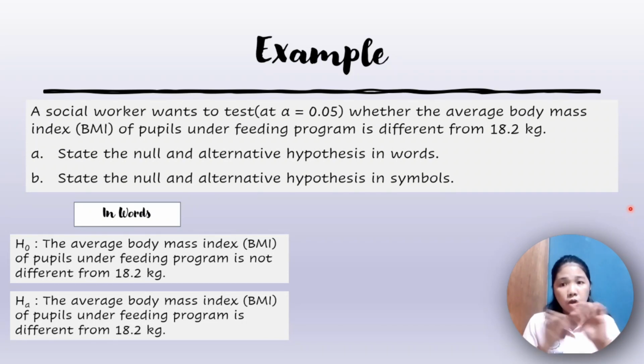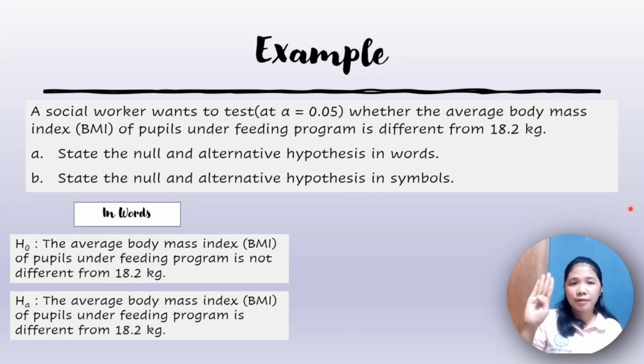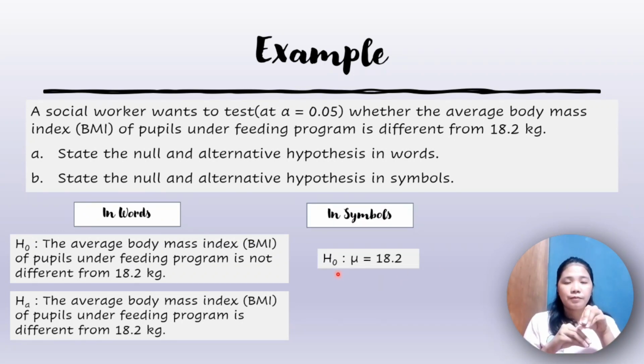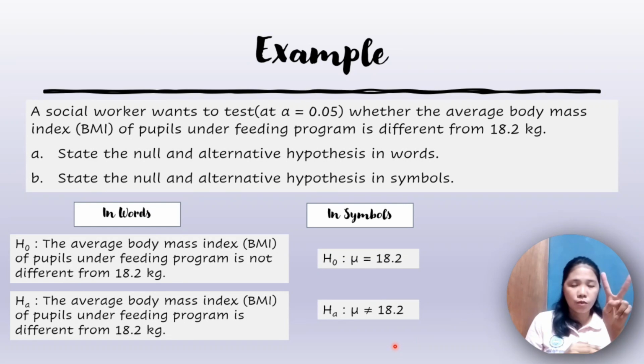How about letter B? We need to state the null and alternative hypothesis in symbols. The null hypothesis is mu is equal to 18.2, while the alternative hypothesis is mu is not equal to 18.2.